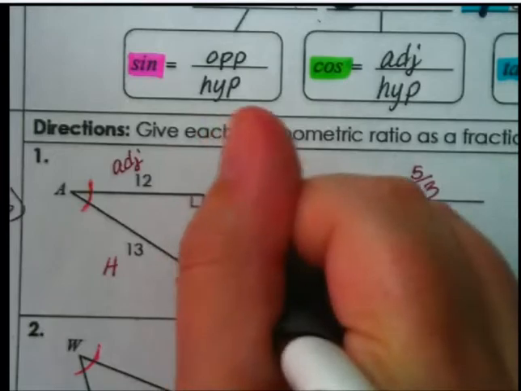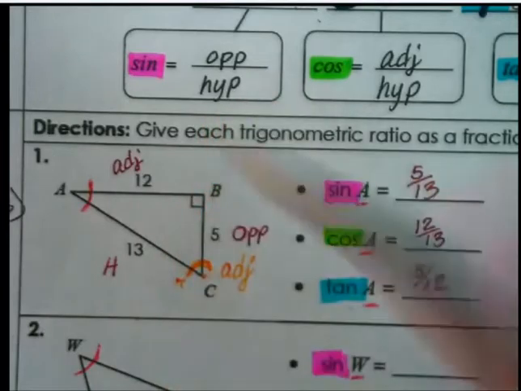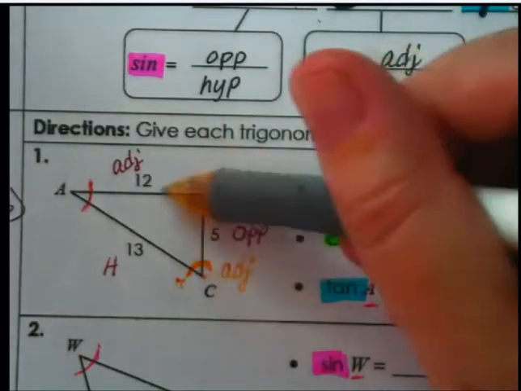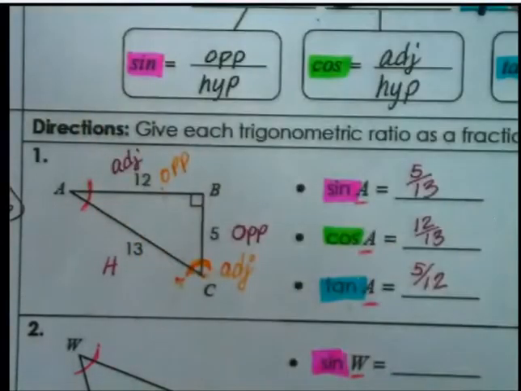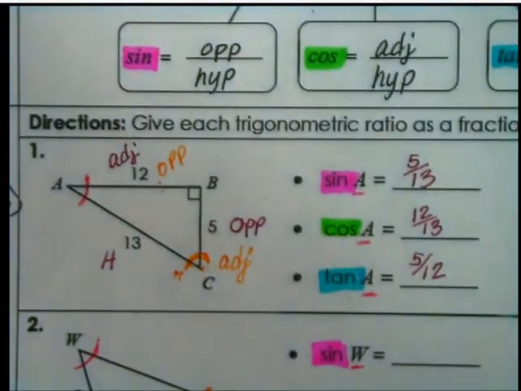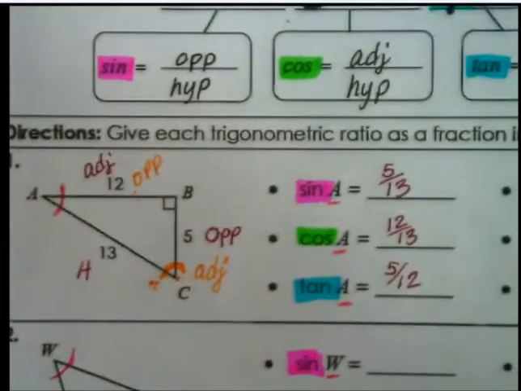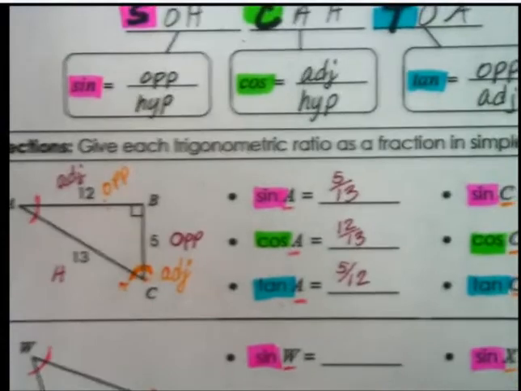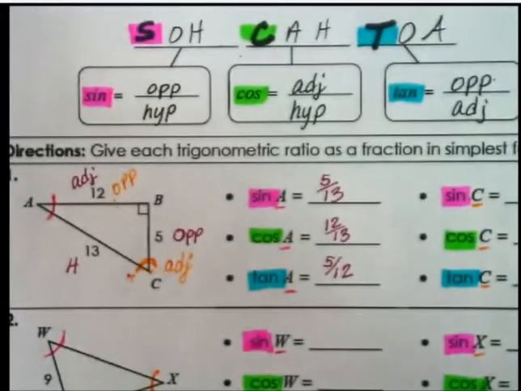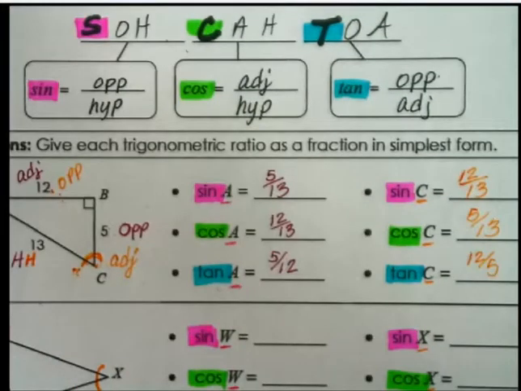So this is adjacent to angle C. The side opposite C is 12. So this is opposite the orange. And see if you can use this to fill in sine, cosine, and tangent for these. Zoom out a tiny bit. All right. They are in simplest form.